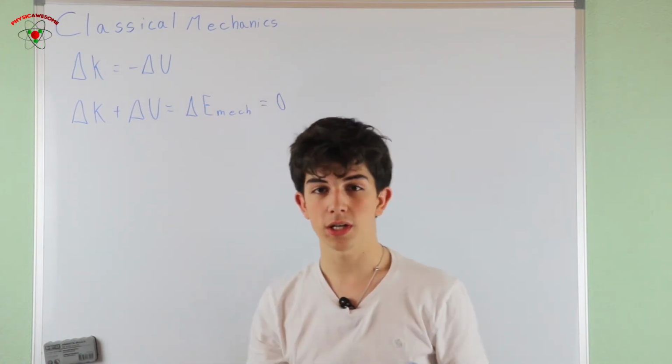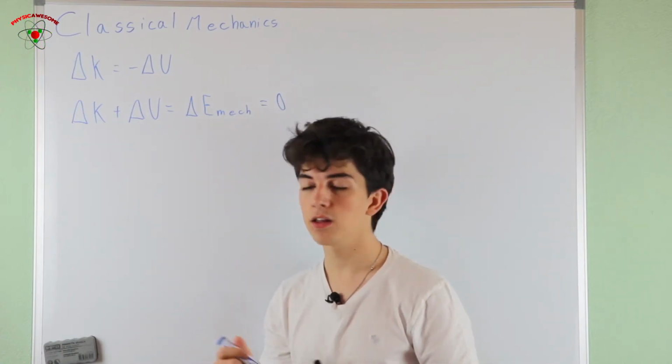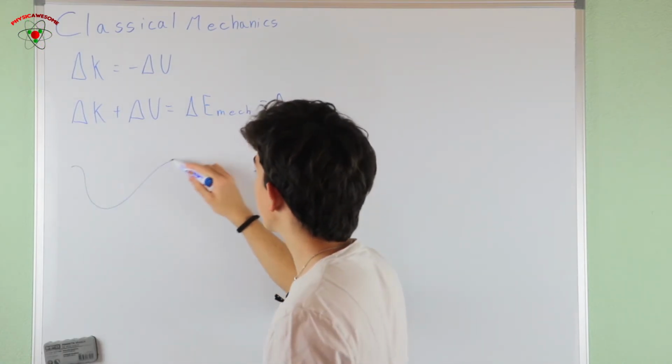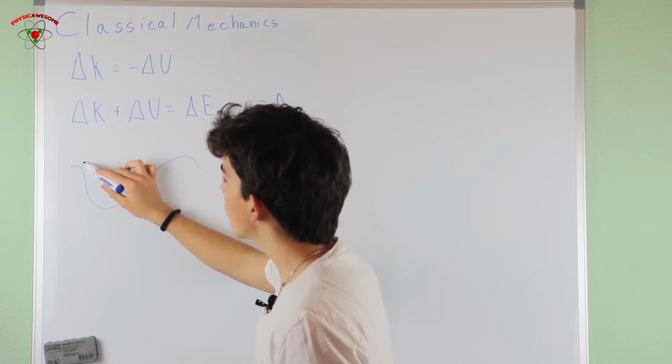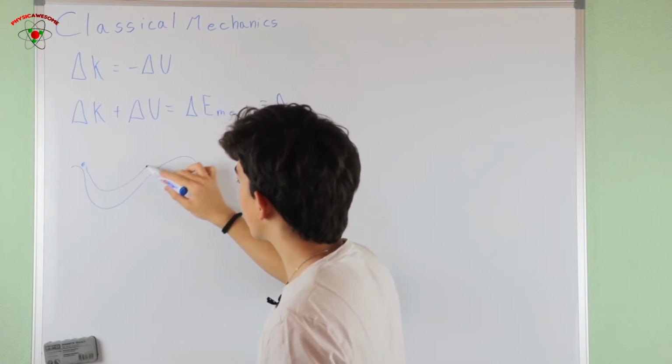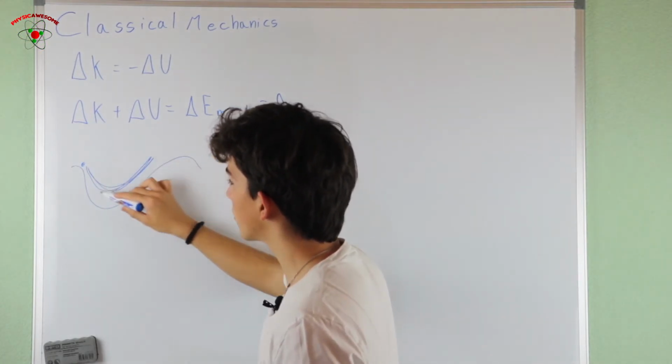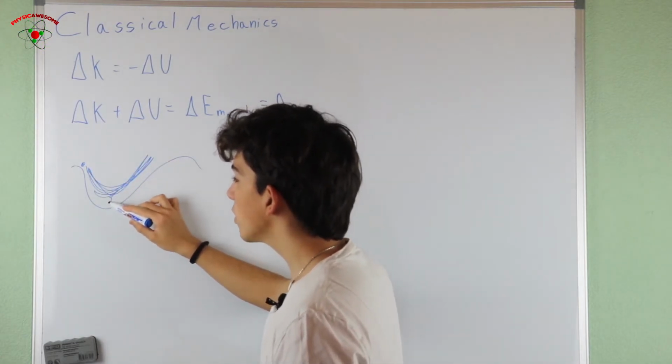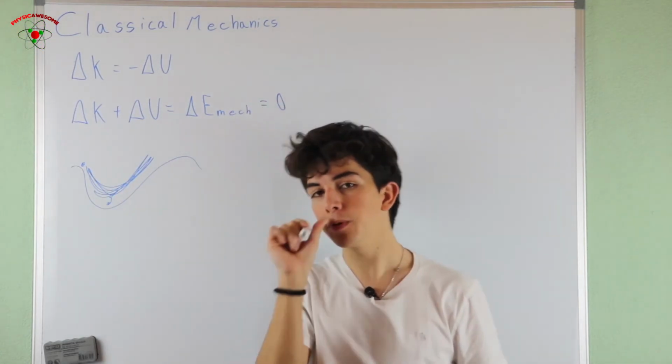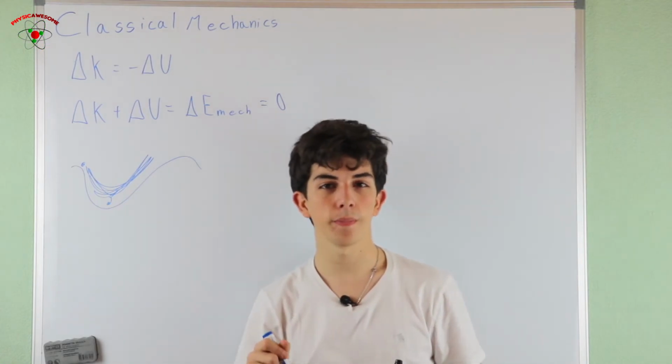However, for example, if we are on a hill and we had our ball, we know that our ball may go and oscillate from here back and forth a couple of times, but we know that at some point it will end up stopping over there.